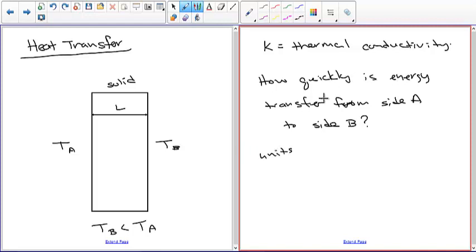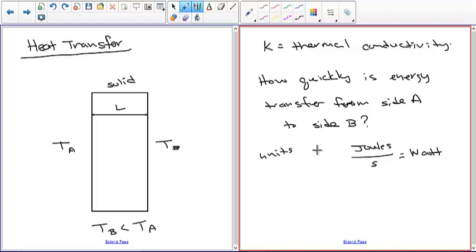If we're talking about how quickly energy is transferred, it's not just joules, that's energy, but joules per second. And when we were dealing with work, we called the joule per second a watt. In the case of work, it was work per unit time. Here it's energy per unit time.